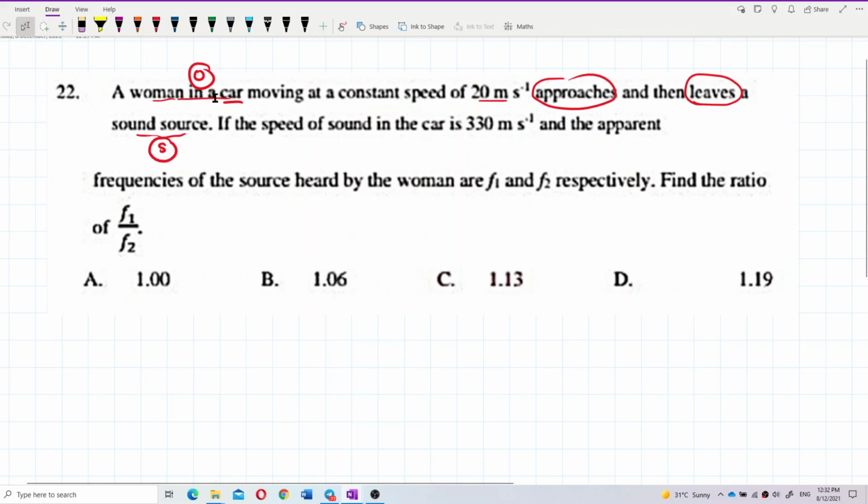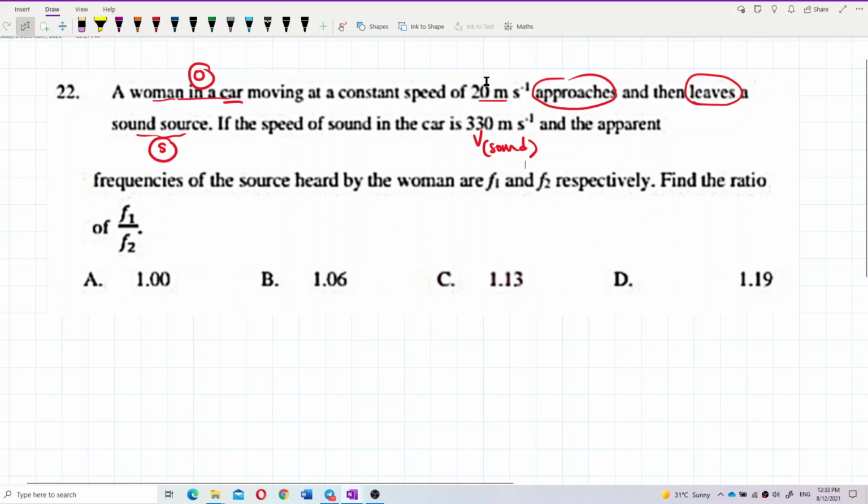The woman in the car is the observer. The sound source is the source. And then the speed of sound in the car is this one. This is the speed of sound.